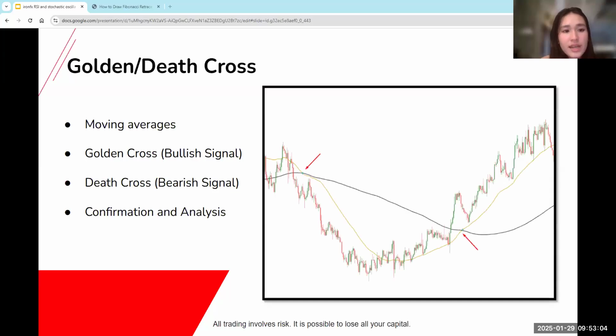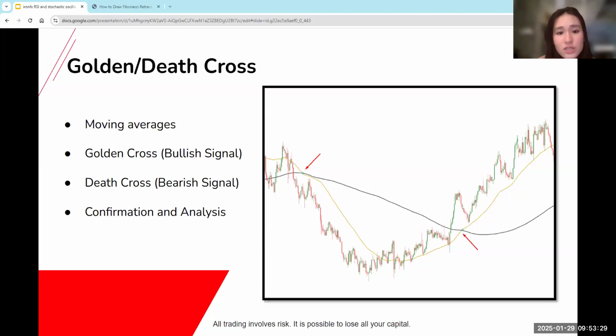Okay, and lastly, golden and death cross. This is a trading strategy based on the intersection of two important moving averages on a price chart. The golden cross is a term used to describe the point at which a shorter term moving average crosses above a longer term moving average, indicating a potential bullish trend reversal.